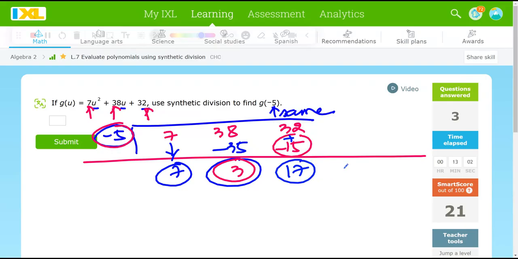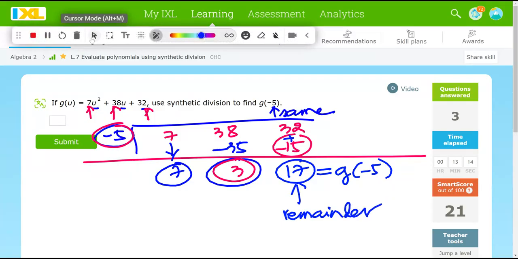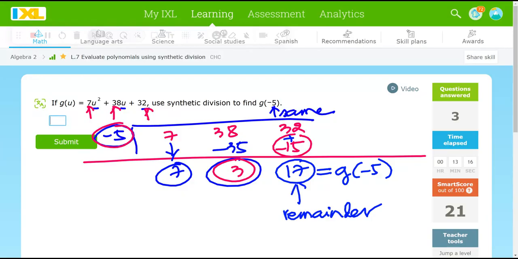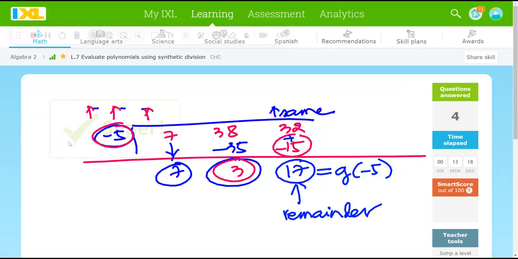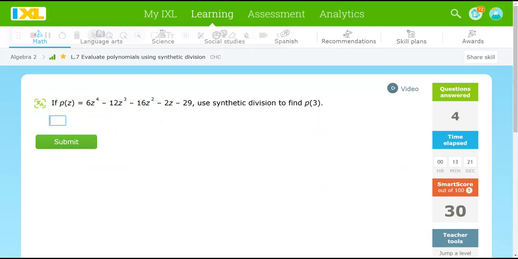And positive 17 is equal to g of negative 5. Okay, 17 is the remainder. Okay, here we go. In the answer box, I put down 17. Submit. Voila.